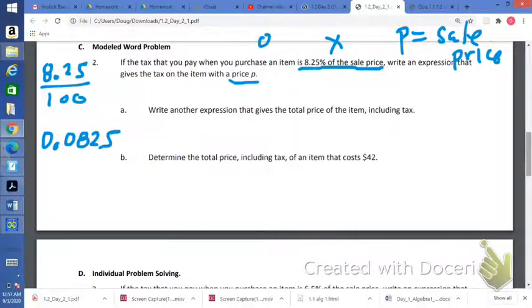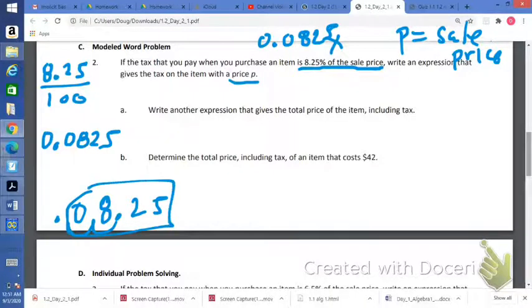Again, what you could do is you take the 8.25, move the decimal point over 2 spots. So whatever you prefer to do.